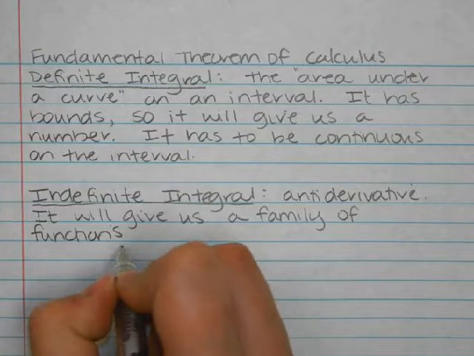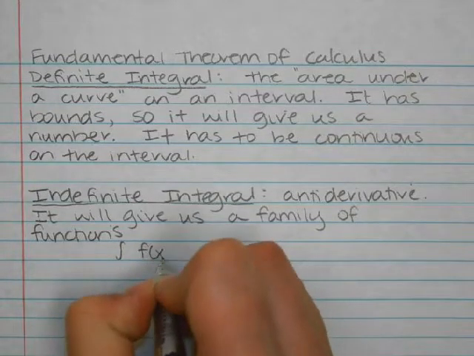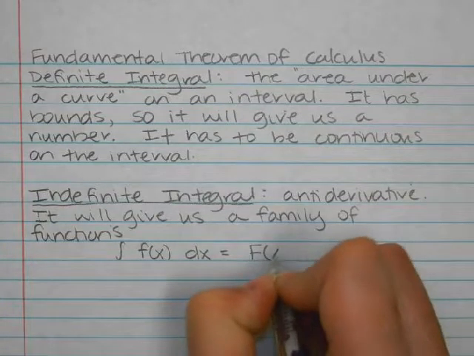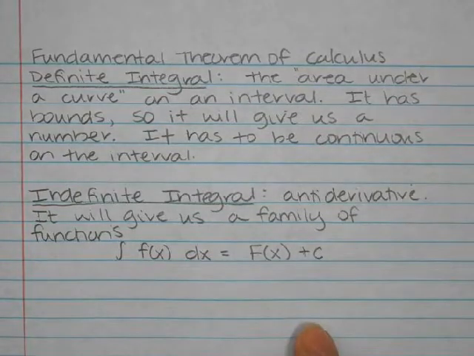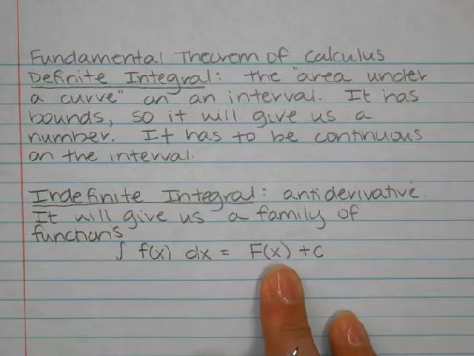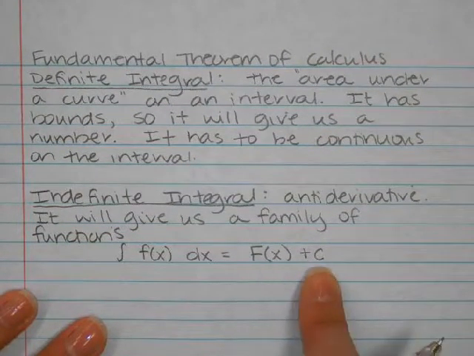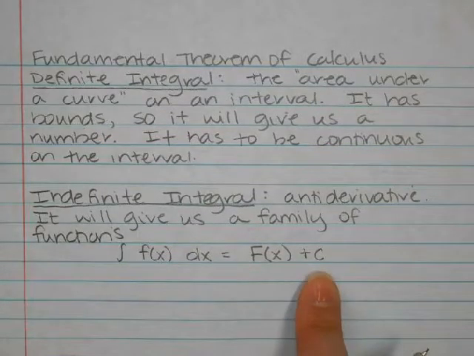So here we're going to say the integral of f of x dx is the antiderivative plus c, because we don't know what the constant would have been on the end. That's why we say it gives us a family of functions, because it could be whatever the antiderivative is plus 0, or plus 1, plus 2, plus 3, plus 4. So it's a lot of different functions that would fit that situation.